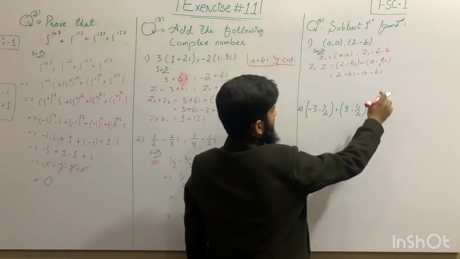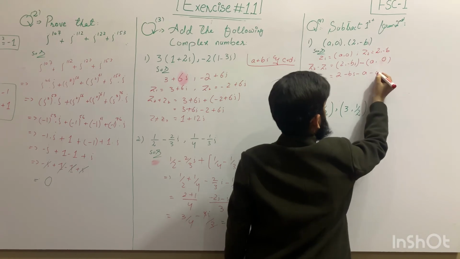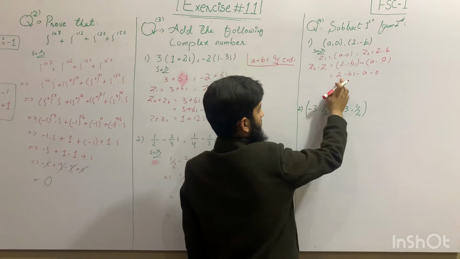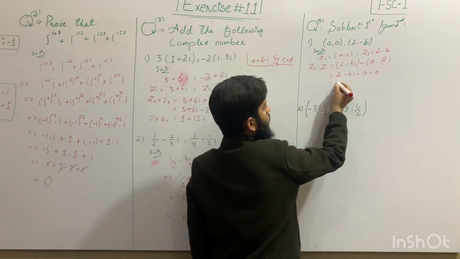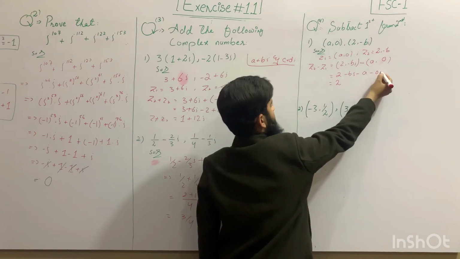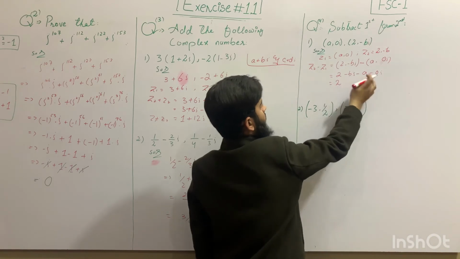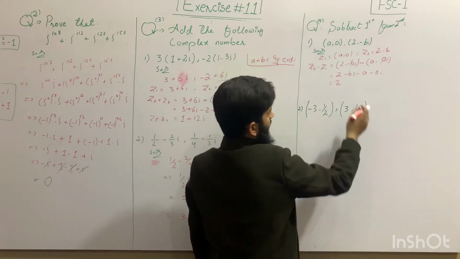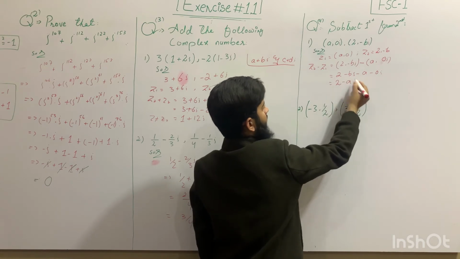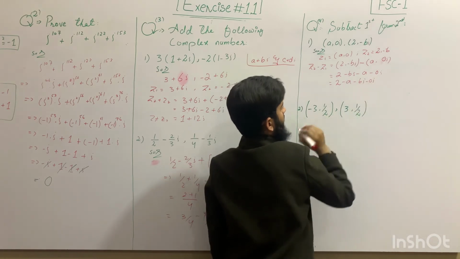I think I made a little mistake, so this is 0, here A, 0. So we will subtract these terms from each other. 2 minus 0 equal to 2, and minus B minus 0 iota. If iota multiplies with 0, it gives me 0. So I will take 2 minus A and minus B iota minus 0 iota.